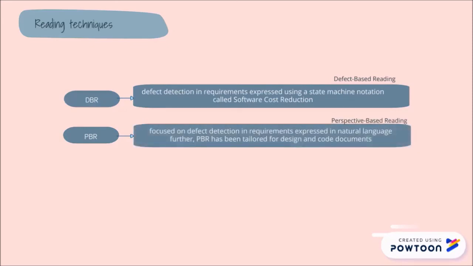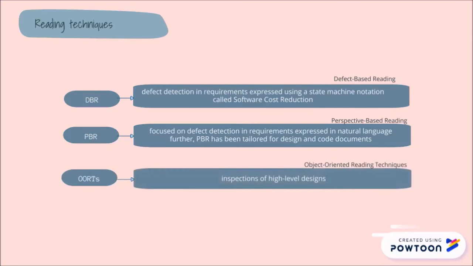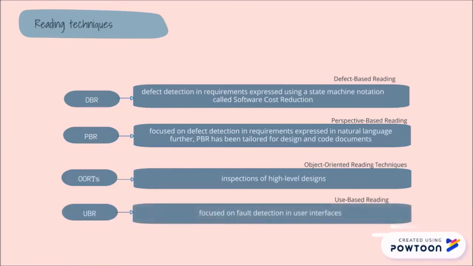It focuses on defect detection in requirements expressed in natural language. Further, it has been tailored for design and code documents. Next is object-oriented reading techniques. It inspects high-level design. Lastly, use-based reading. It focuses on fault detection in user interfaces.